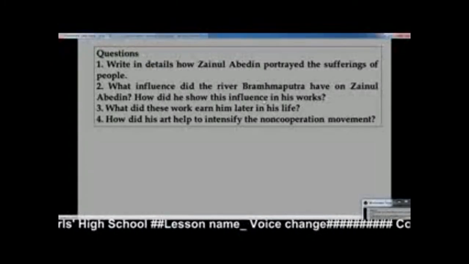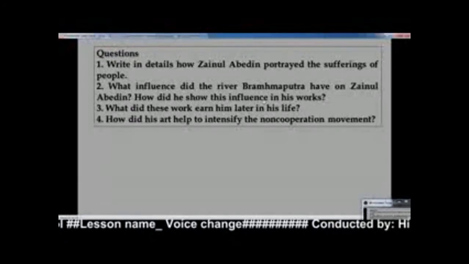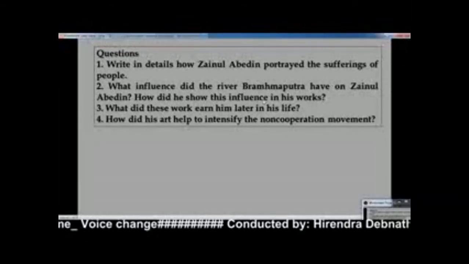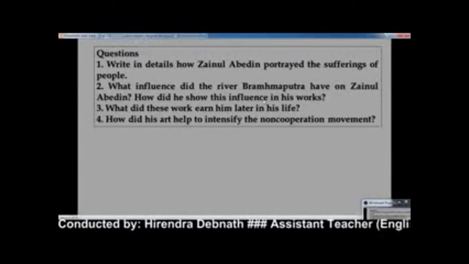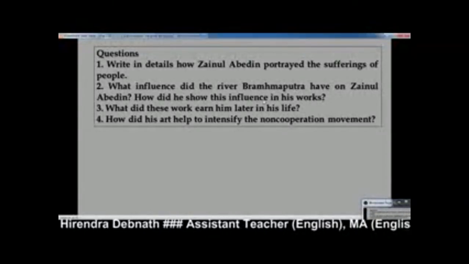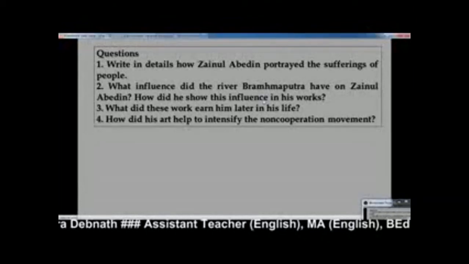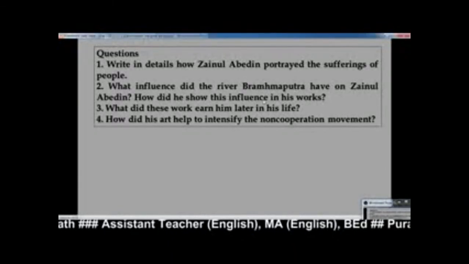Dear learners, I hope you have got the idea from the text. Now have a look at these questions. The first one, write in details how Zainul Abidin portrayed the sufferings of people. Number 2, what influence did the river Brahmaputra have on Zainul Abidin?